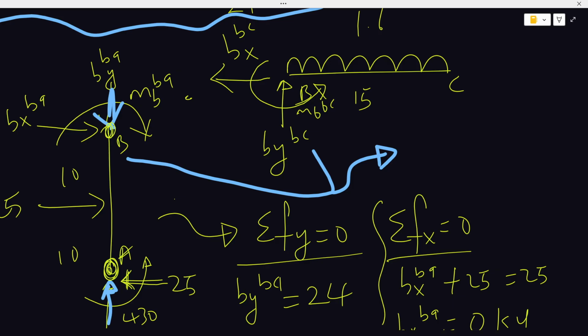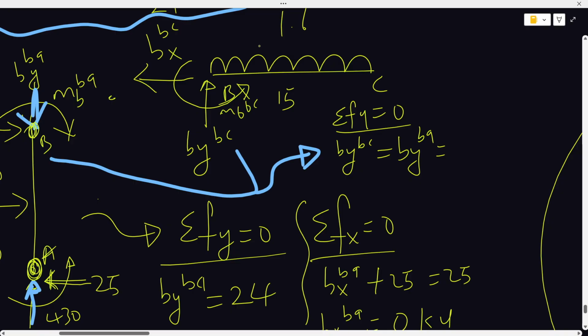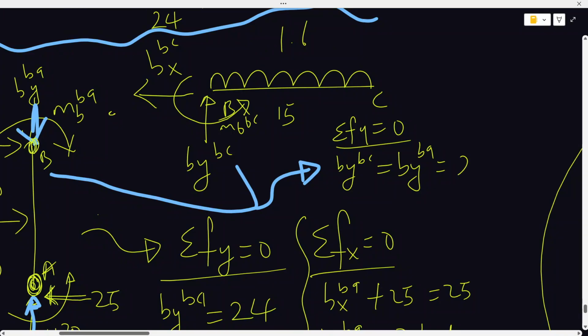Then at joint B, summation Fy to be 0, you will see that your BYBC, your downward or your upward, is equal to your BYBA, which will give you 24 kilonewtons.